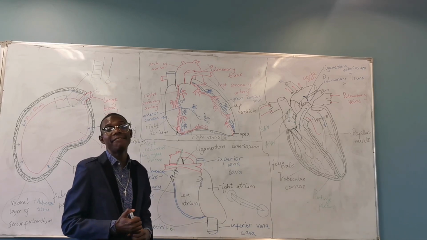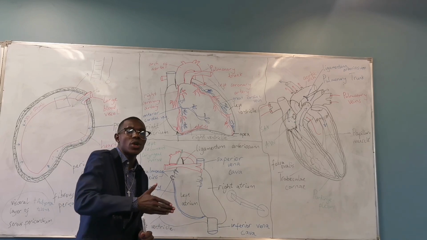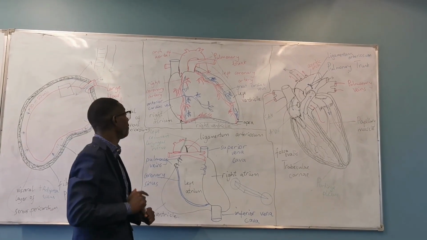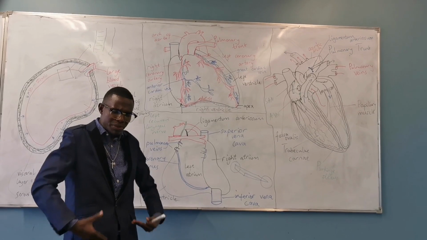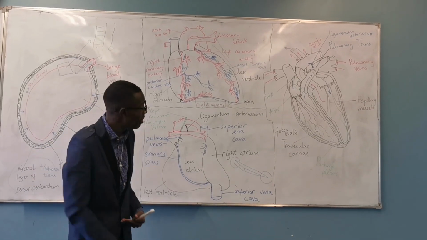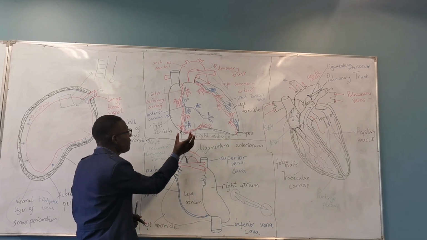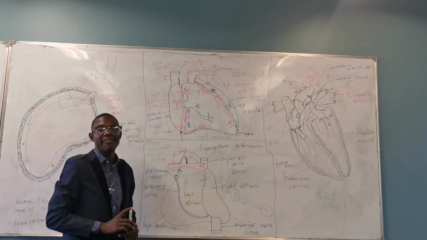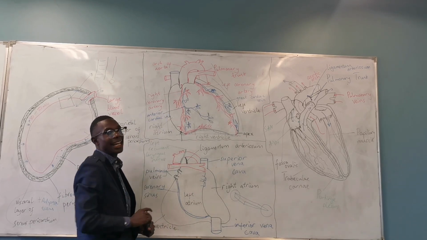The inferior vena cava, from embryology, is going to continue with veins associated with the abdomen and the lower limb. Right. So you need to check that the inferior vena cava is thicker than the superior vena cava.